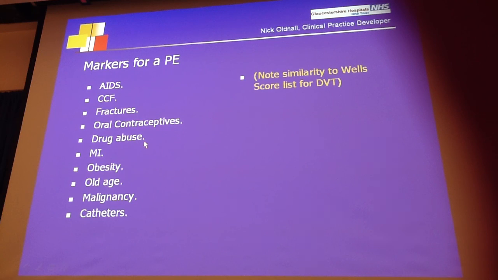The drug abuse people normally have their veins pretty shot, and they're injecting clumps. I've seen clumps of bacteria and stuff like that. Myocardial infarction or ischemia, anytime the heart stops or slows down. So all that's good stuff.